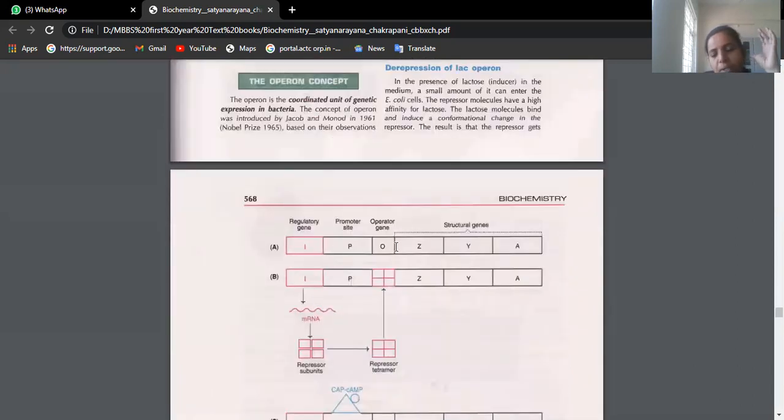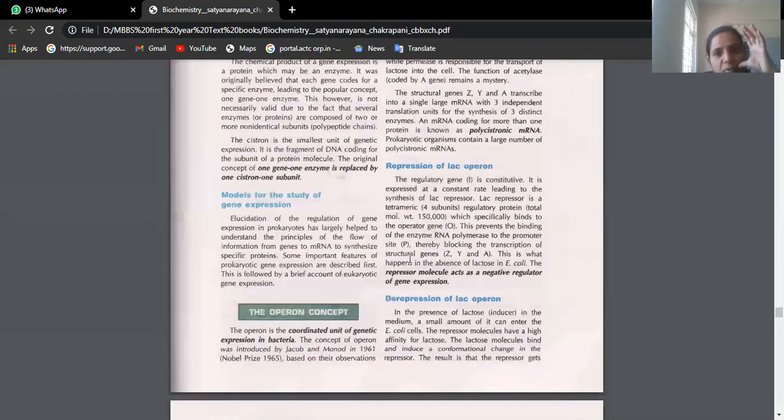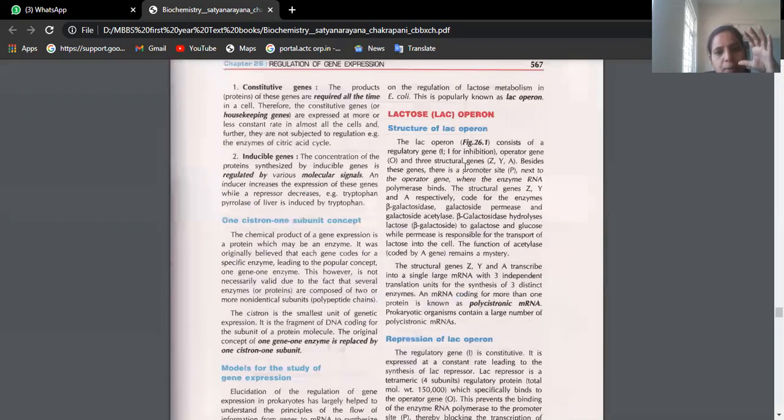This is the regulatory gene seen in E. coli by Jacob and Monod. So we have the regulatory gene, the promoter and these structural genes. I stands for what, beta? Inhibition, isn't it? O is the operator gene and R is regulatory.